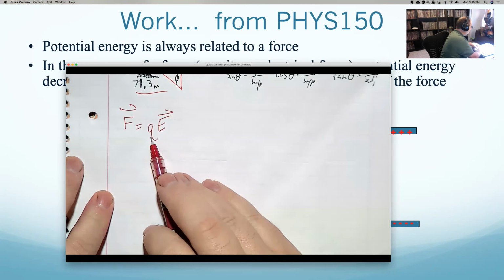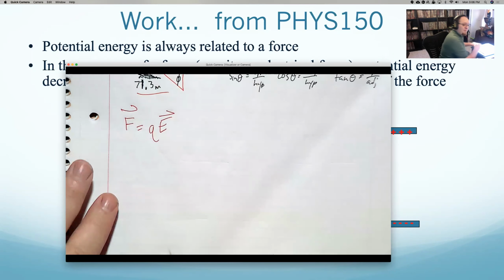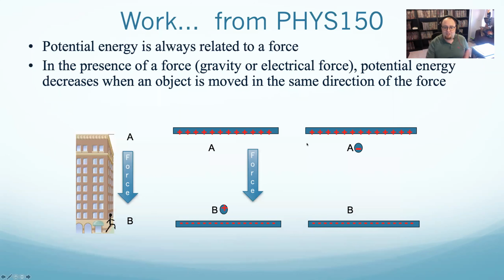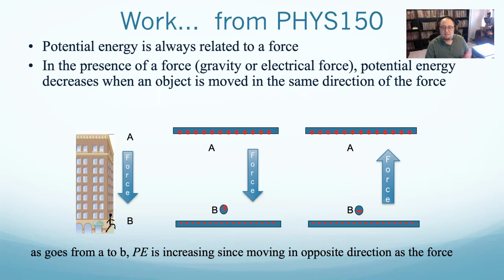So if Q is negative, the force is in the opposite direction of the electric field. And so if I put a negatively charged particle in here, the force is actually going to be upwards. And so if it's a negatively charged particle and I move from A to B, I'm actually going to find that my potential energy increased because I'm moving against the force.